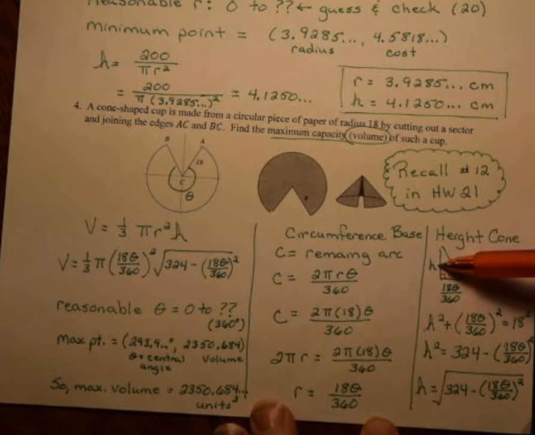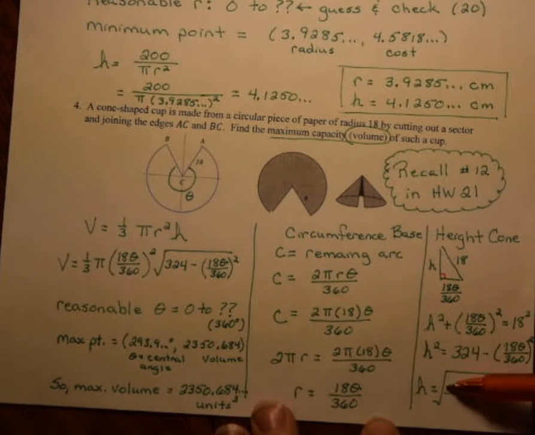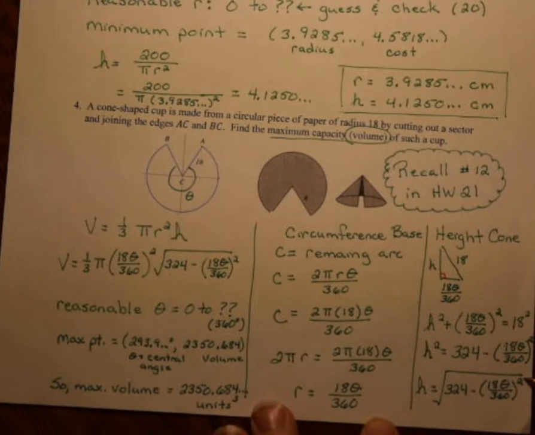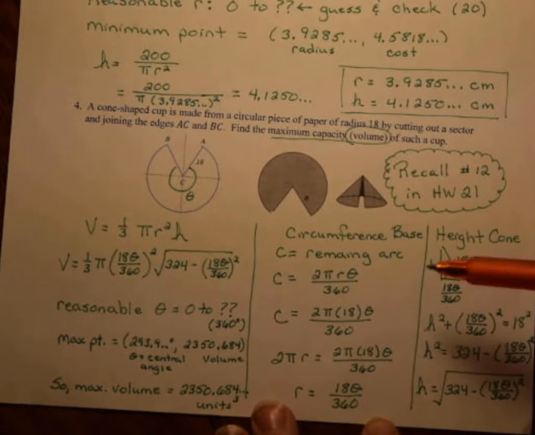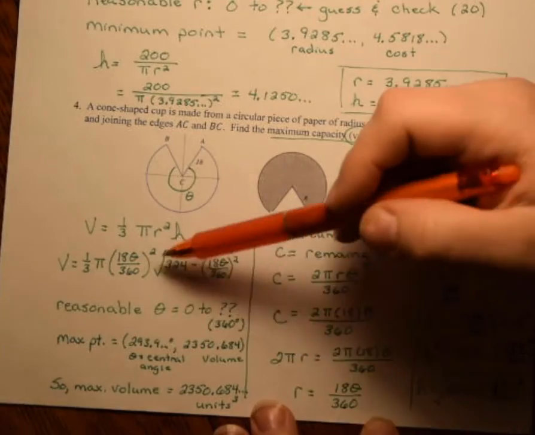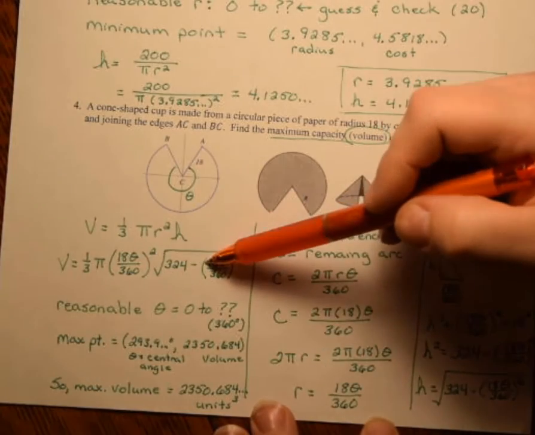So a squared plus b squared is equal to c squared. You would end up with h equal to the square root of 324 minus the quantity 18 theta divided by 360, squared. And so, yucky. I plug that in for h.